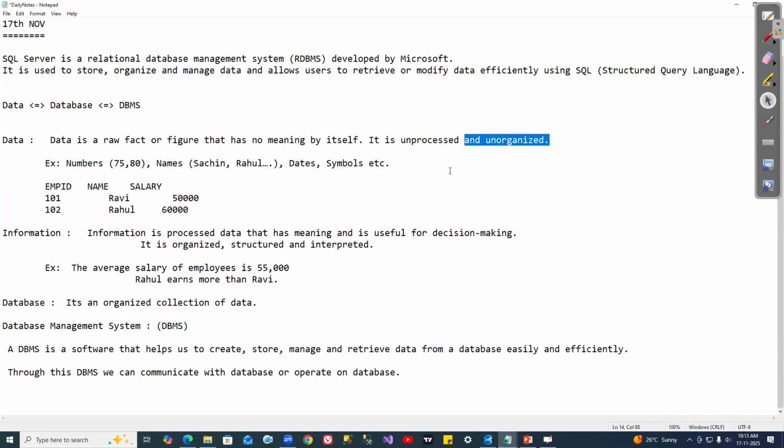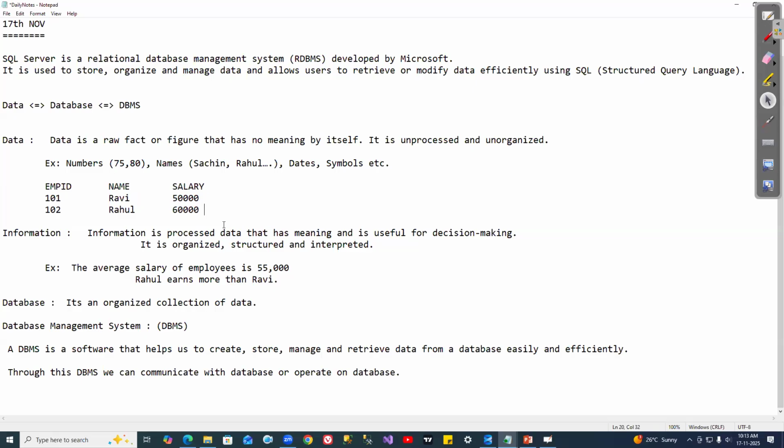It is unprocessed and unorganized. Numbers, names, dates, symbols, all these are data only. Even if you write the data in tabular format, it is also raw data, that means it is unprocessed.